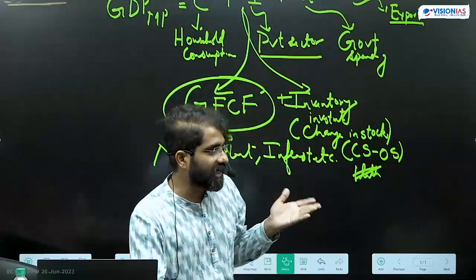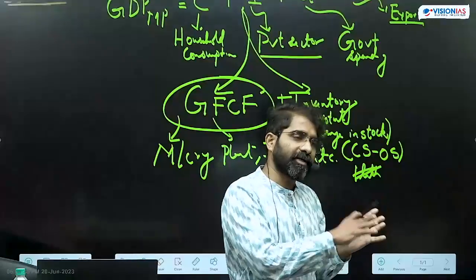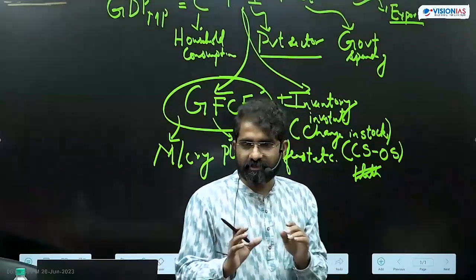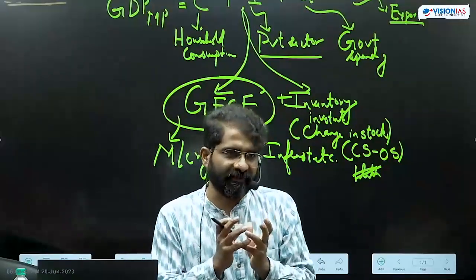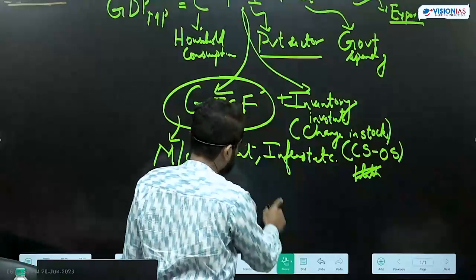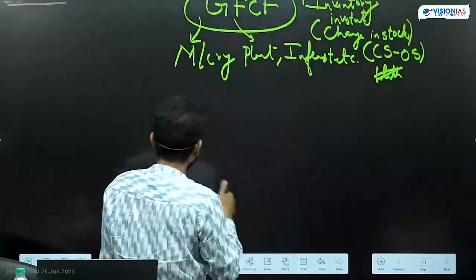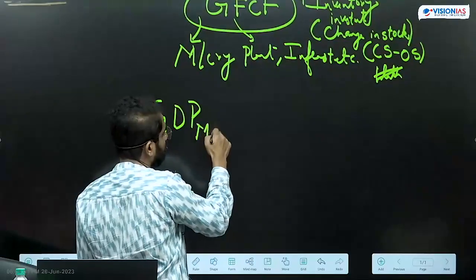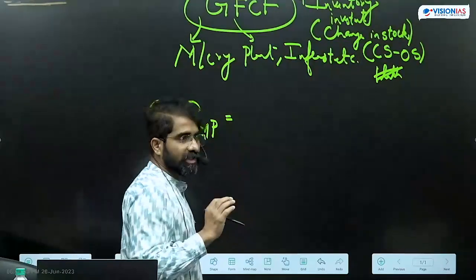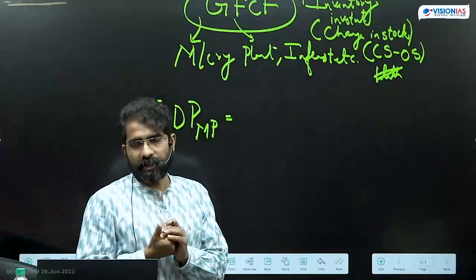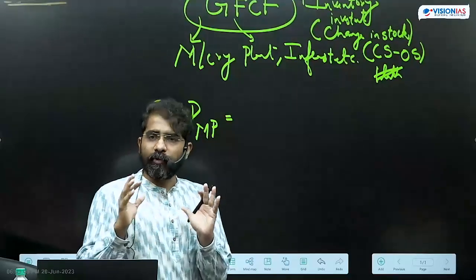So what is change in stock? Closing stock minus the opening stock. So in that example of shirts, the change in stock is 25. So then going by the basic definition of GDP, GDP is nothing but the total final value of all goods and services produced in the domestic territory. That means I don't want imported consumption.